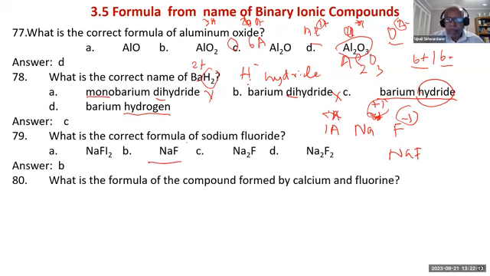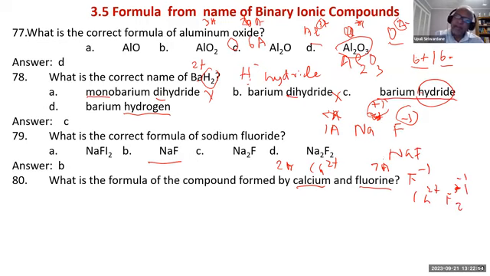What is the formula of calcium fluoride formed from the elements? Calcium is group 2A and makes a 2 plus cation. Fluorine makes -1, 7A. Therefore, this charge is not balanced. There should be 2 fluorides.